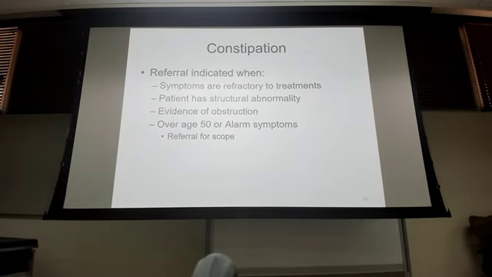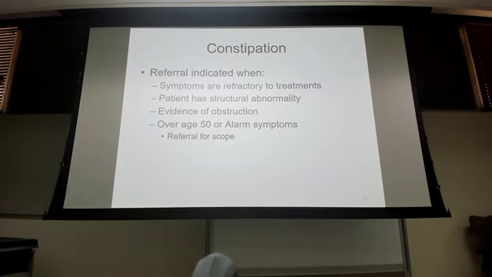Constipation, if it's refractory, when you're down to the fourth and fifth tier, I said refer, get a specialist involved. Or if your colonoscopy or flex sig, which we're going to talk about the differences, why you would use each one in other lectures. So that's why I didn't deep dive colonoscopy versus flex sig. But if you find a structural abnormality, get a specialist involved.